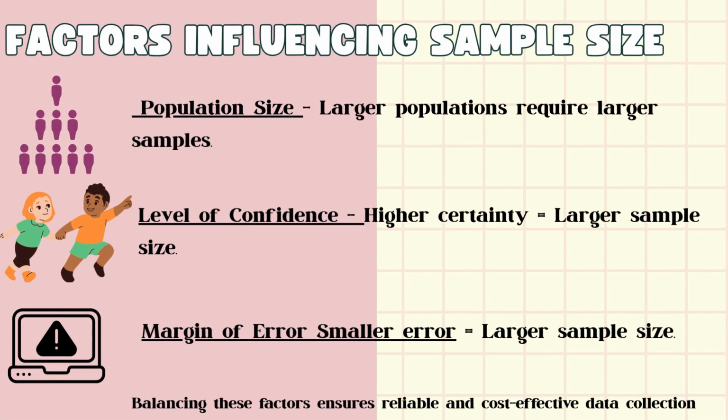Three factors that influence sample size are: 1. Population size. The size of the population being studied is an important factor to consider when determining the sample size. A larger population generally requires a larger sample size to achieve a given level of precision. For example, let's say a company wants to conduct a survey to determine the satisfaction level of its customers.